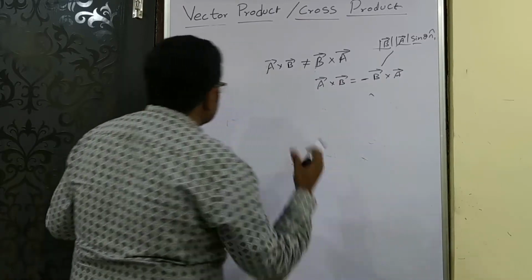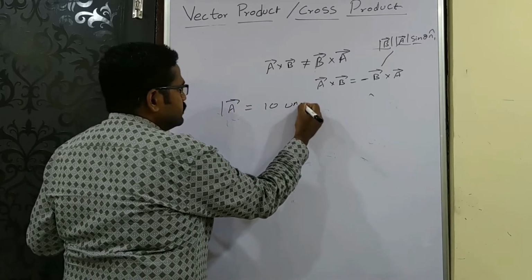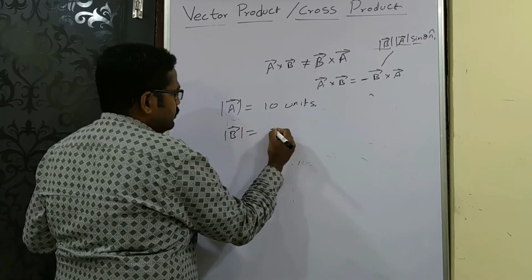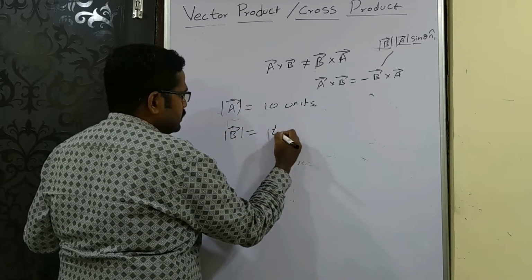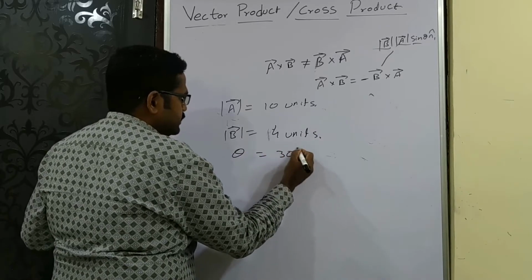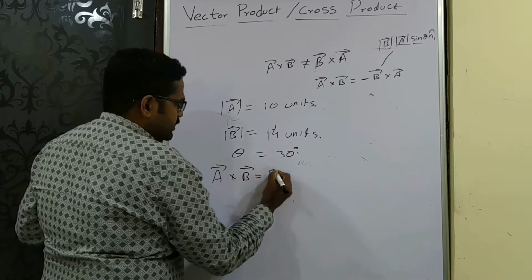If he says mod of vector A is equal to 10 units, mod of vector B is equal to 4 units, theta is equal to 30 degrees, then what is vector A cross vector B? How much is this?